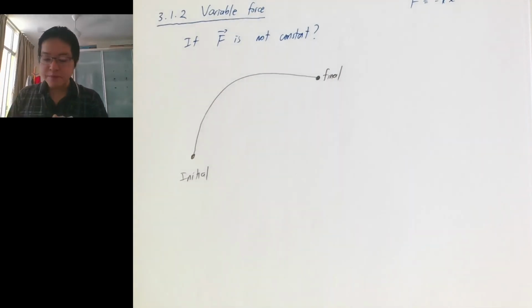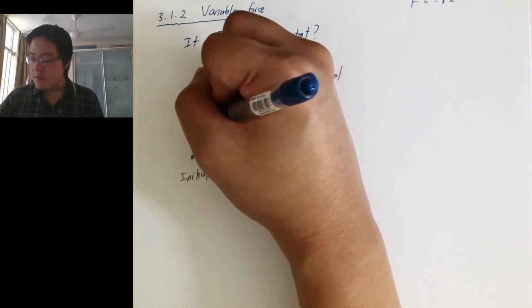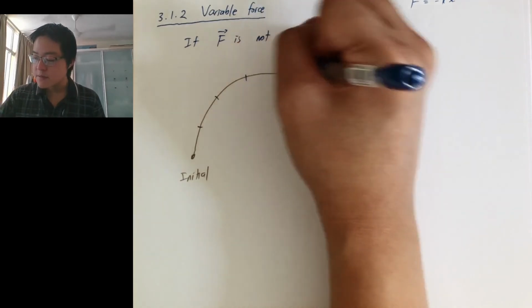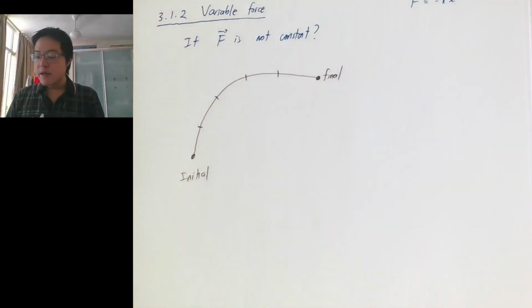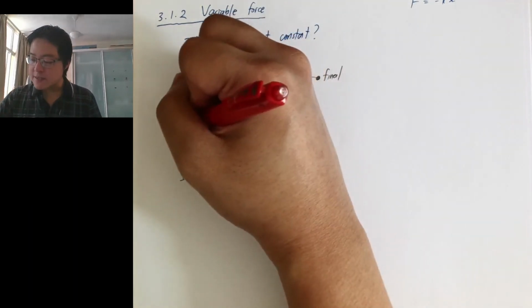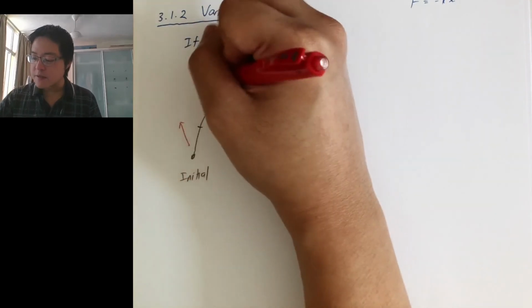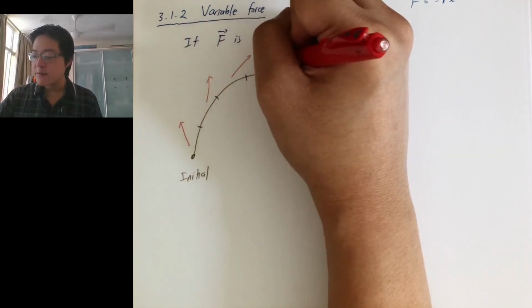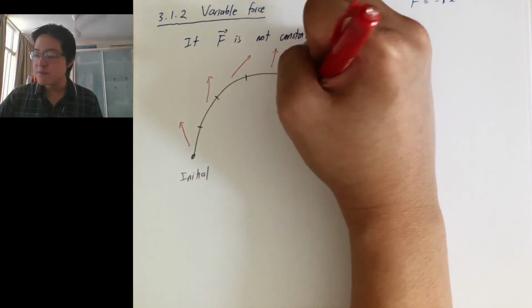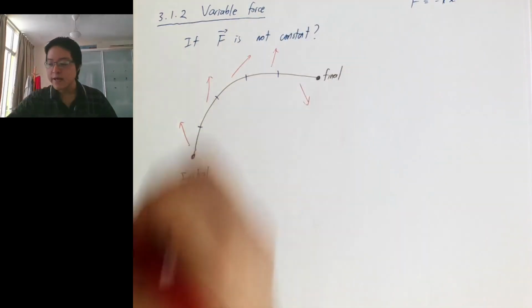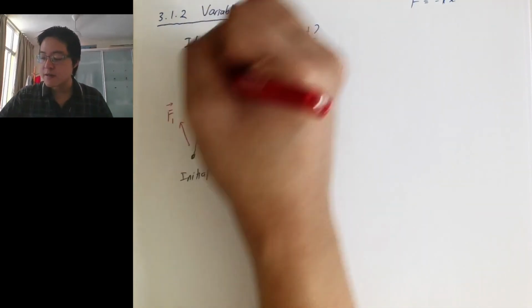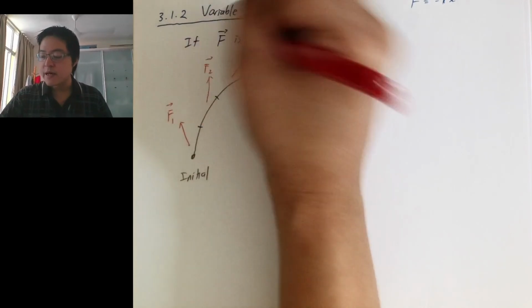I'm going to separate this into different segments, different parts. In this part my force is acting this way, in this part my force is acting this way, and then in some other direction, it could be any possible direction. So this is F1, this is F2, and so on.